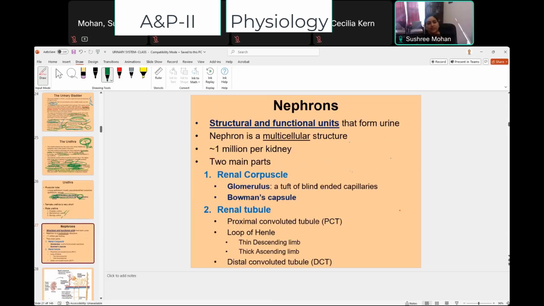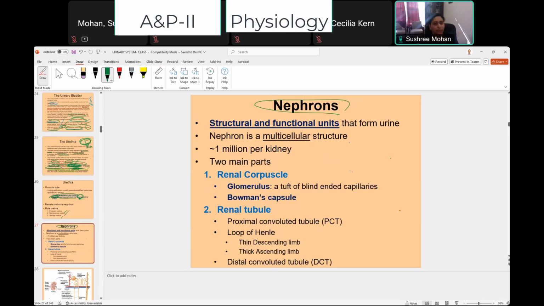Now with this we finish the macroscopic structure of the kidney, the things that we can see. Now we will come to the things that we cannot see without a microscope, and that is the nephron. That is the structural and functional unit. The main work of the kidneys is to make use of nephrons to produce urine and get rid of the waste.